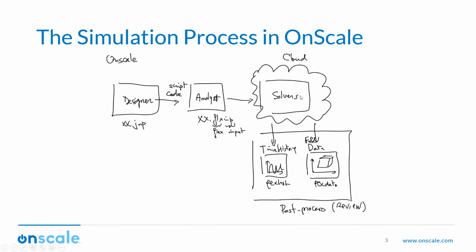There are other benefits that I'll also talk about later. And then you have to download the results. So once it's calculated on the cloud, you can download your results. You have different types of results, either time history curves, which are stored into FLX HST, like history, and field data, which are stored into the FLX data file.